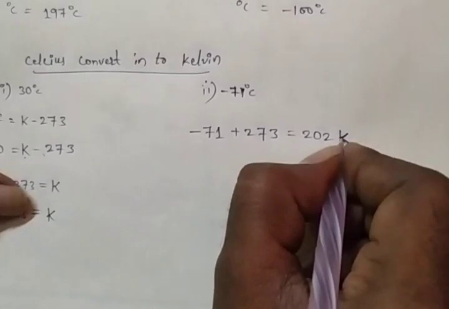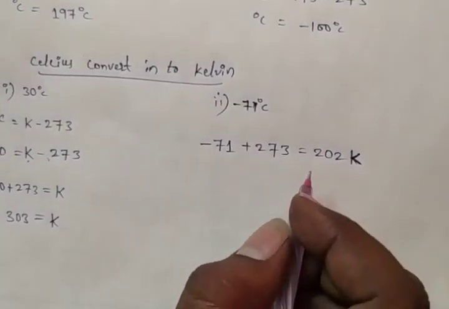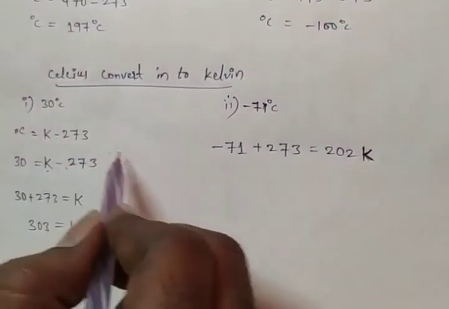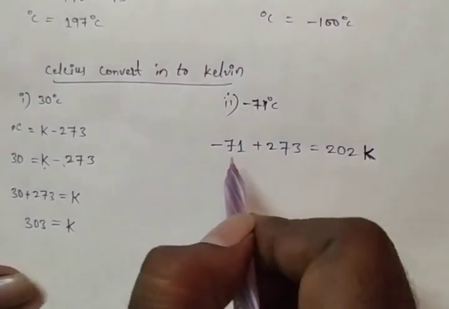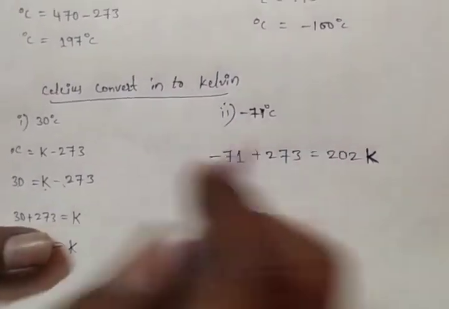Minus 71 plus 273 is equal to 202 Kelvin. This is the same method: degree Celsius is given as minus 71, and minus 71 plus 273 is equal to 202 Kelvin.